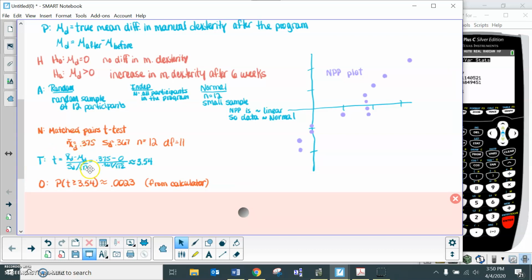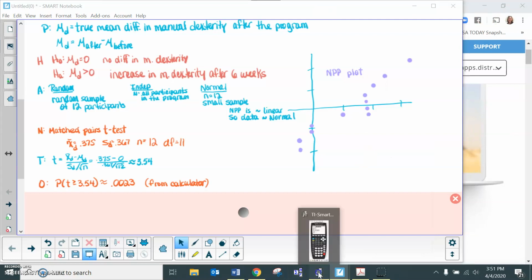So I plug in my values. X bar D is 0.375. That's what I just had on my calculator. Mu D is 0. That's from your null hypothesis. SD from my calculator, and N was 12. I got 3.54 approximately.